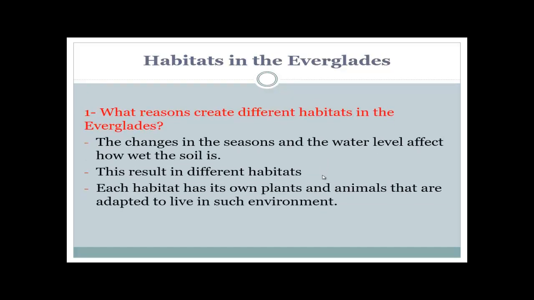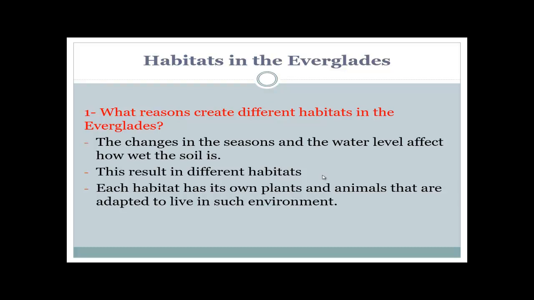What are the different habitats in the Everglades? What are the different environments in the Everglades? First of all, before knowing the different habitats, let's discuss the reasons that created different habitats in the Everglades. Why is there more than one habitat? During the wet season, the water level is high, and during the dry season, the water level is low.